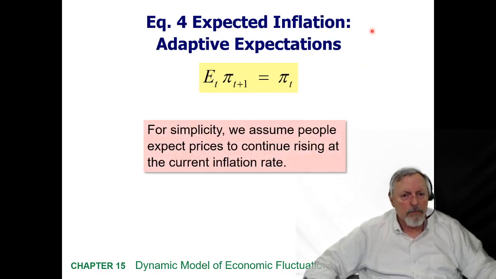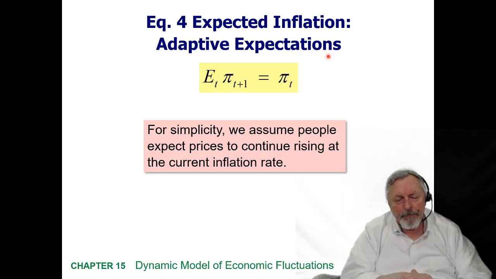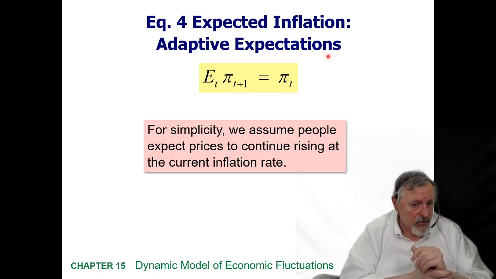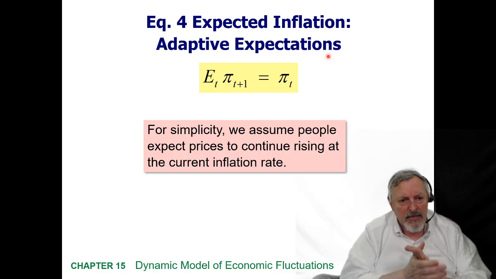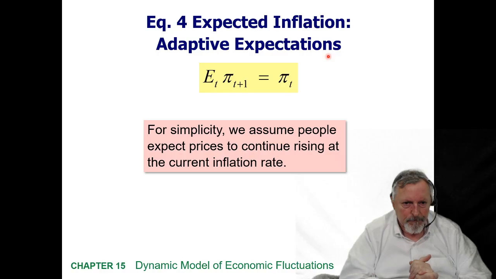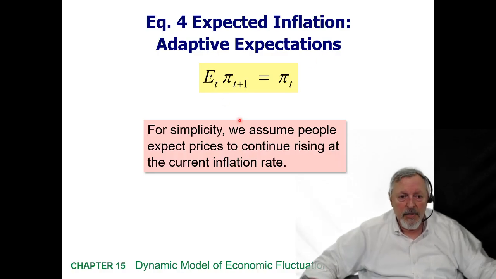Equation 4. This is an easy one. Expected inflation. What determines what expected inflation will be? Adaptive expectations means that in a very simplified model, and it's not terribly unreasonable, the best guess people can have about what inflation will be tomorrow is that it'll be the same as today.